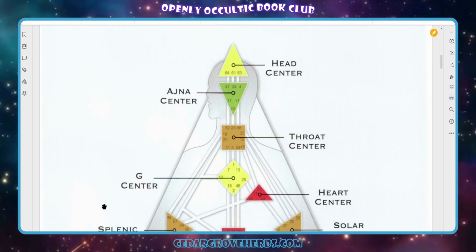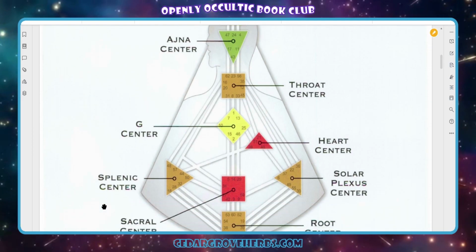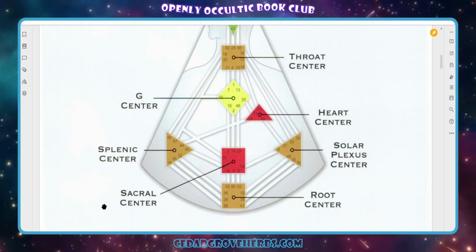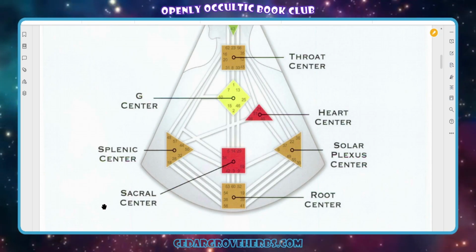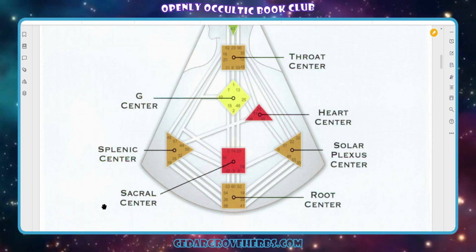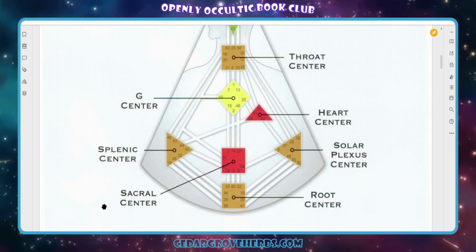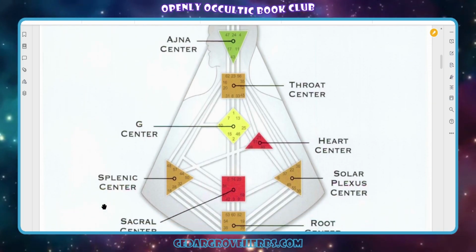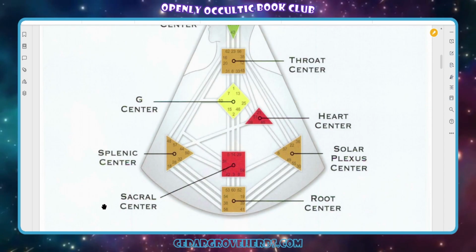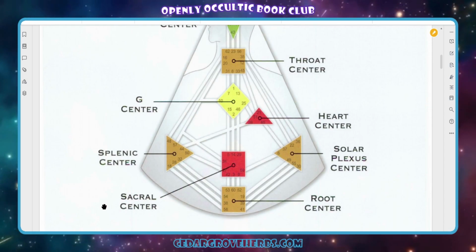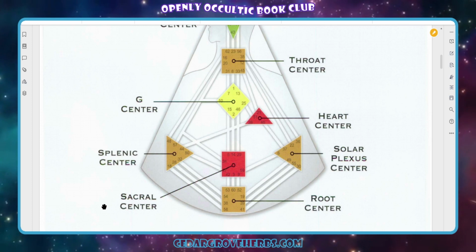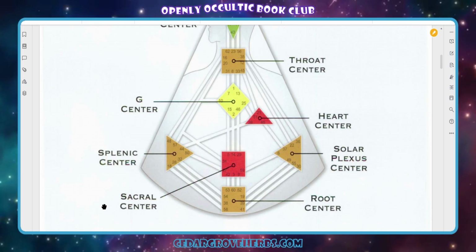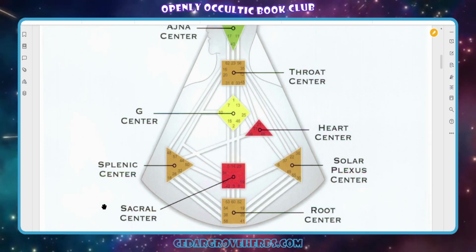There's the head center, the ajna center, the throat center, the G center, the heart center, the splenic and sacral center, the solar plexus center, and the root center. So off top, it's very similar to the chakras with the root, sacral, solar plexus, though that's over here and not where we typically understood it to be, in the middle. Interesting.